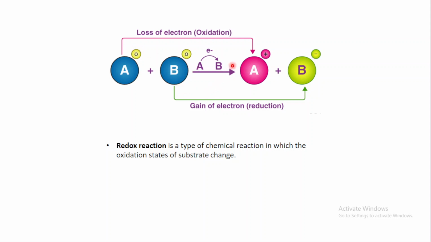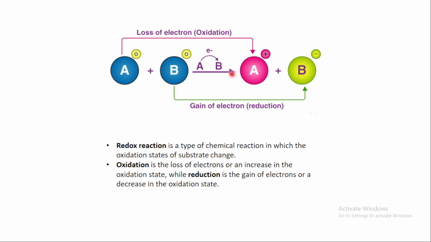Gain of electron is reduction. B is getting reduced to B minus. B's oxidation state was 0, now it is -1. While A loses the electron following oxidation. A's oxidation state was 0, now the oxidation number increased. A is +1, B is -1. So this whole reaction is called a redox reaction, where there is a change in oxidation states of the substrate.